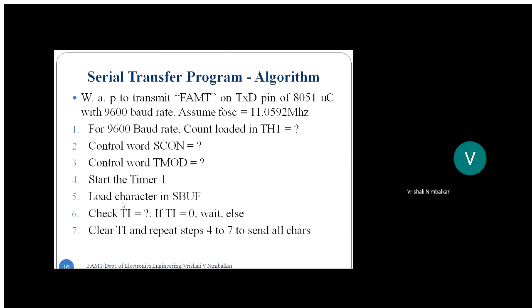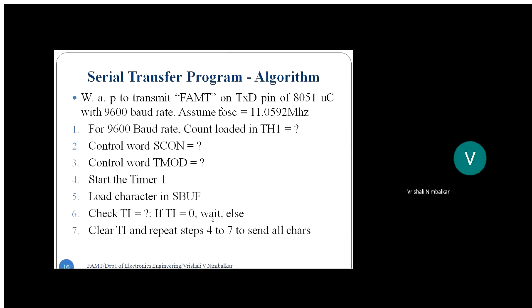After loading the character in SBUF, we should keep on checking whether the transmission is completed or not. It means whether all 8 bits of that ASCII code are transmitted or not. So we will keep on checking the TI flag, the transmission interrupt flag. If the TI flag is 0, it means the transmission is still going on.